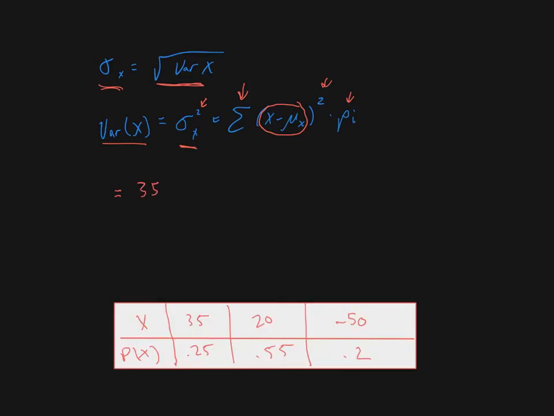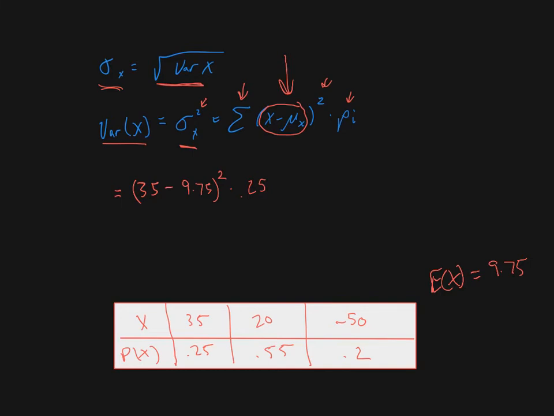35 minus our expected value, right? And our expected value was 9.75. So we write that right here, and we're going to square that. Now this is our first deviation that we're talking about. Okay, and we're going to square that, and we're going to multiply that times the likelihood of it happening, which was 0.25.